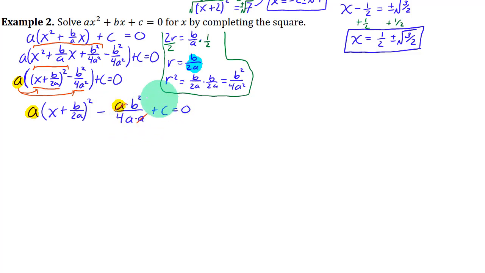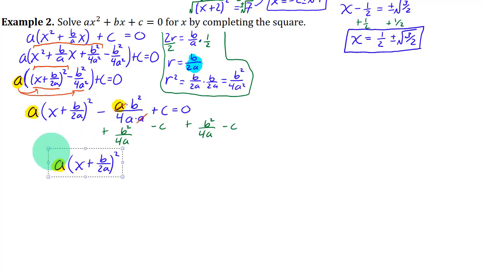So all of these terms, I'm going to move them to the other side of the equation. So I'm going to subtract c from both sides and add b squared over 4a to both sides of the equation. Doing the same thing to both sides. So this is now going to look like just this bit here is what's left over because those other terms canceled out.